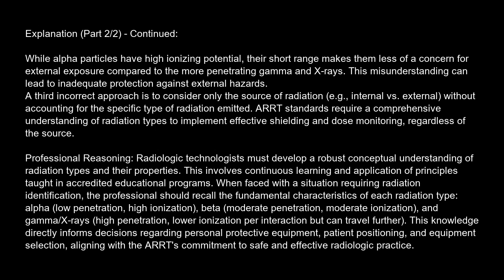When faced with a situation requiring radiation identification, the professional should recall the fundamental characteristics of each radiation type: alpha, low penetration, high ionization; beta, moderate penetration, moderate ionization; and gamma/X-rays, high penetration, lower ionization per interaction, but can travel further. This knowledge directly informs decisions regarding personal protective equipment, patient positioning, and equipment selection, aligning with the ACT commitment to safe and effective radiologic practice.